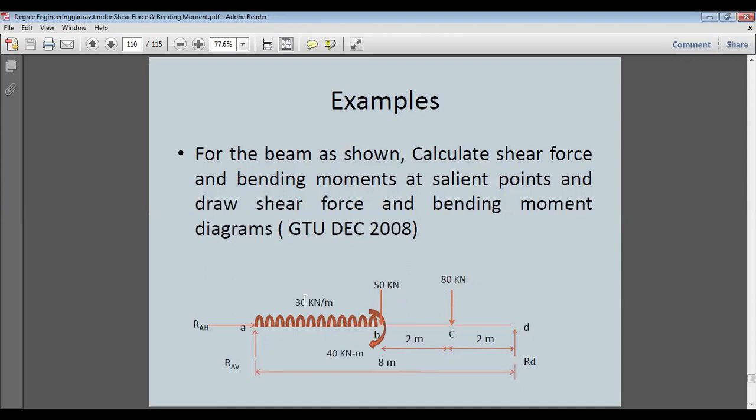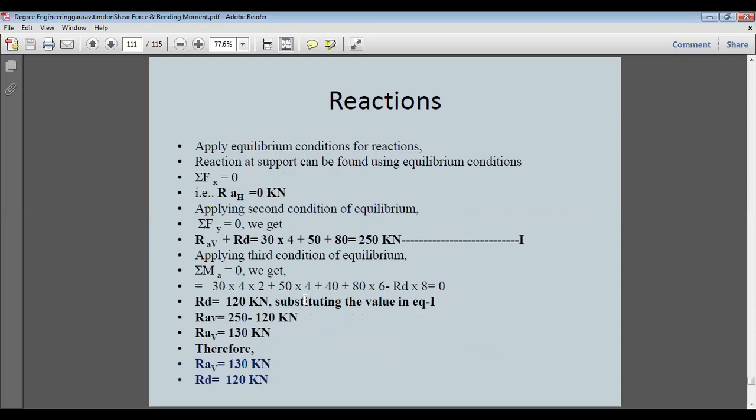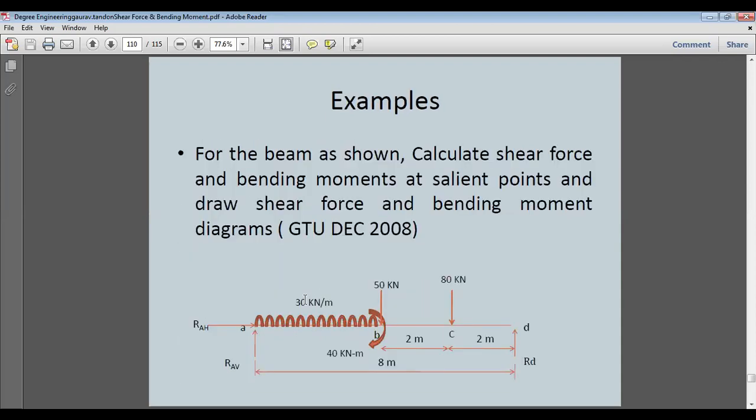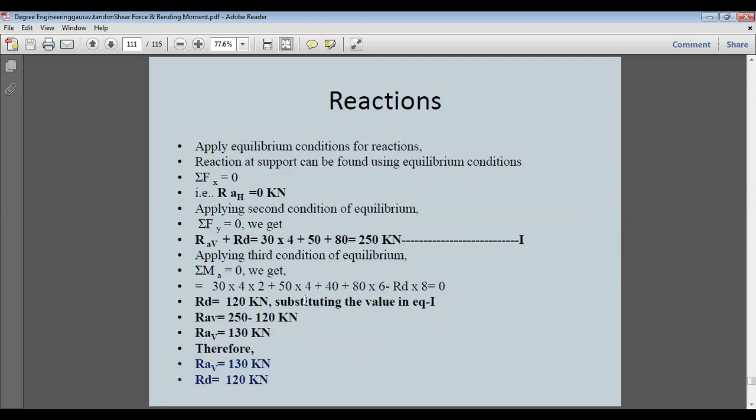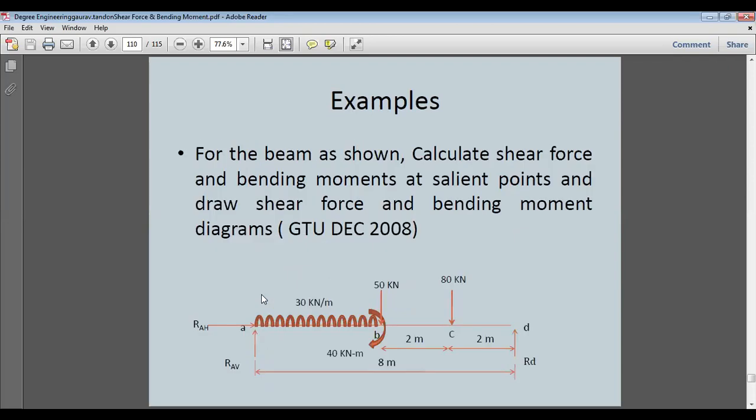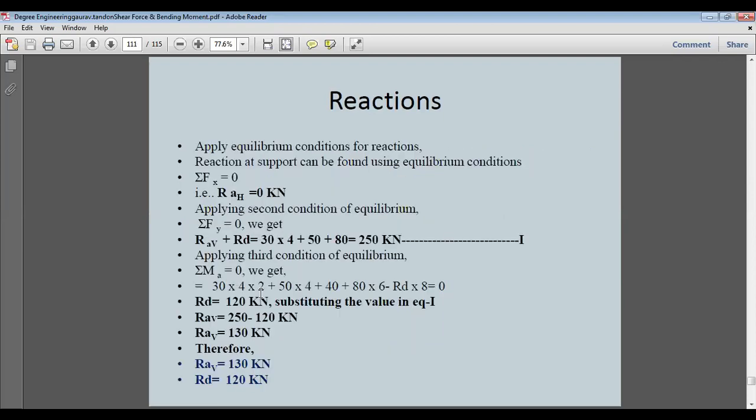So 250 divided by 2, that must come 125. So RAV is 130, and 200 kilonewton we can calculate this way: 30 into 4 into 2, where 4 meter is the span and 120 into 2, 2 meter.